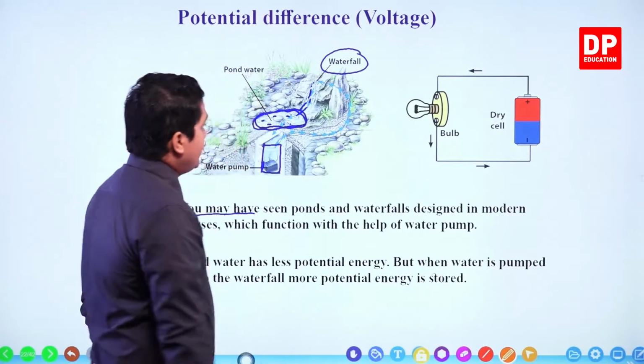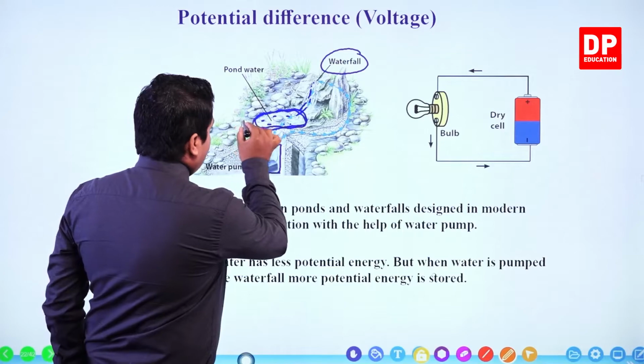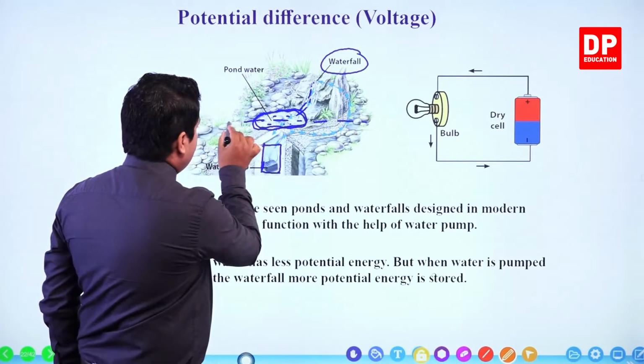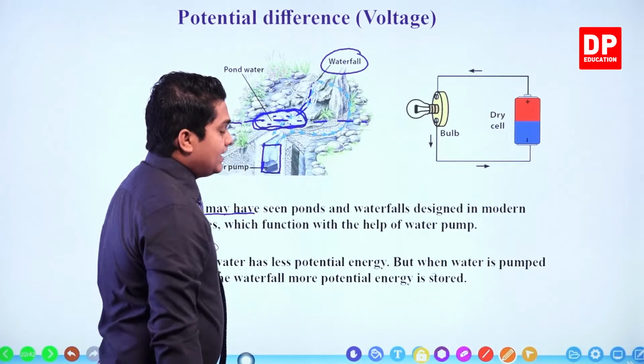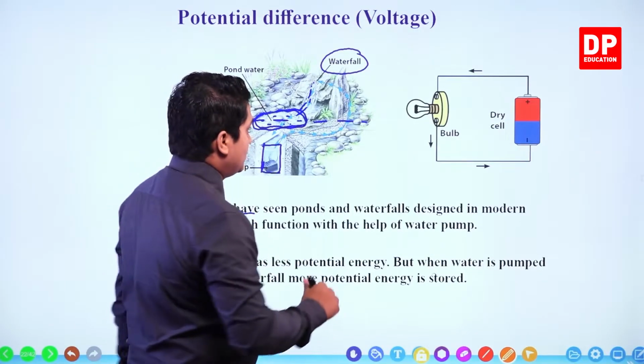Here you can observe that at the level where the pond water exists, it has a very small amount of potential energy.